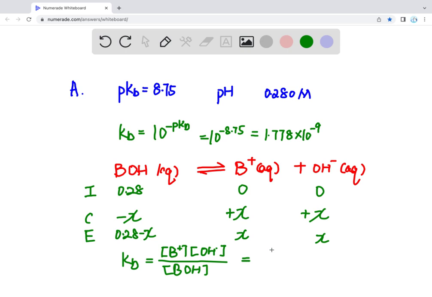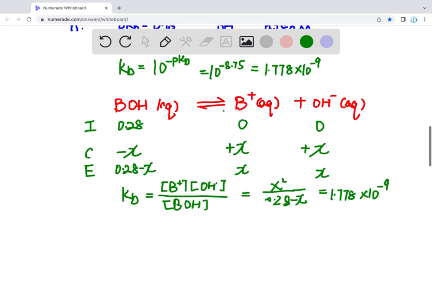So that's actually equal to X squared over 0.28 minus X. In this case, that equals the Kb value, which is 1.778 times 10 to minus 9.